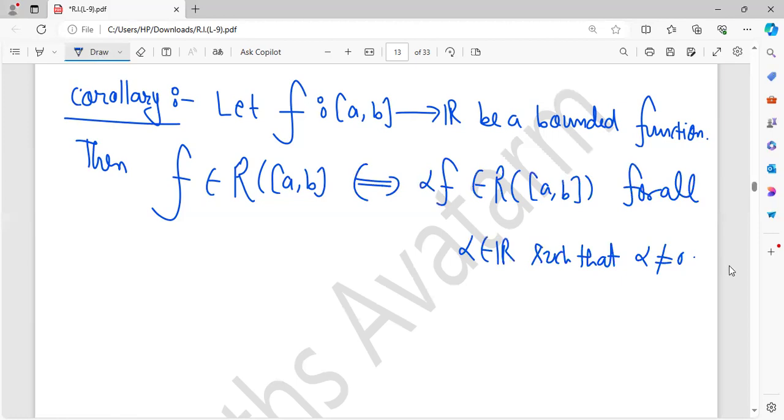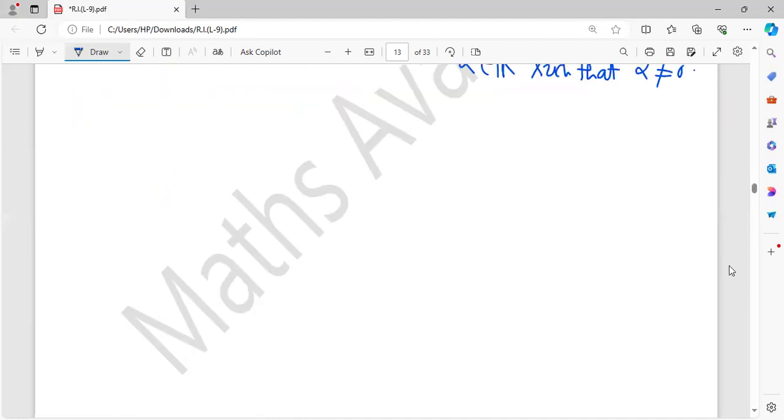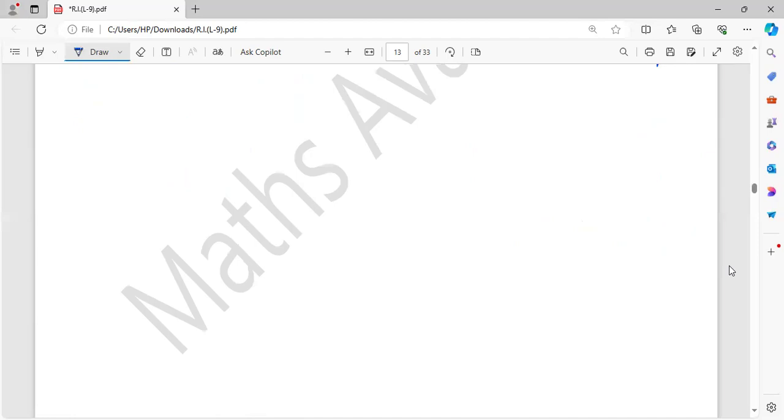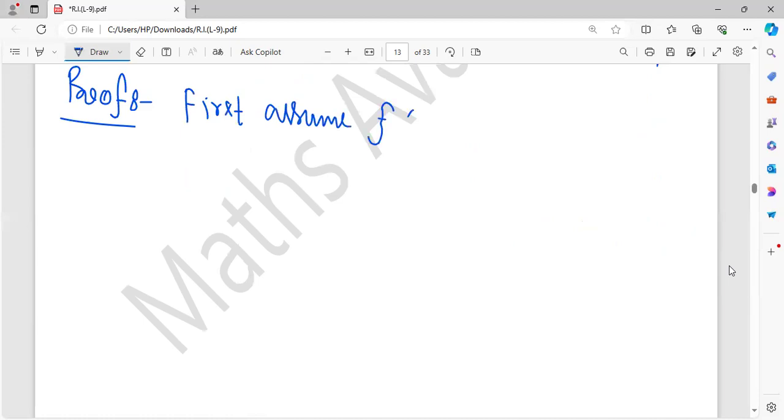Let's see its proof, how it will work. Now, first, assume f belongs to R[a,b].